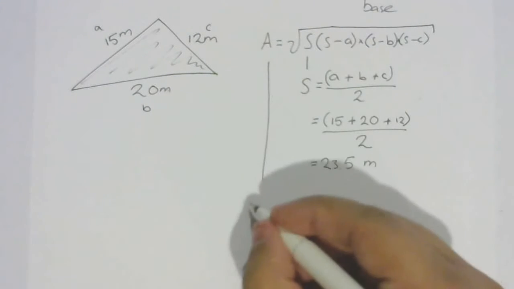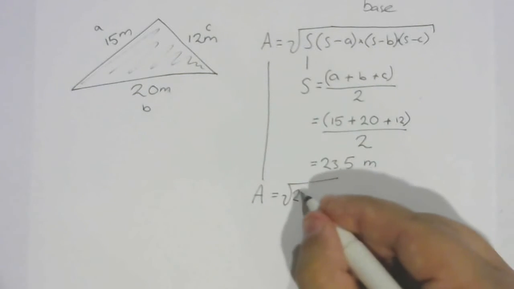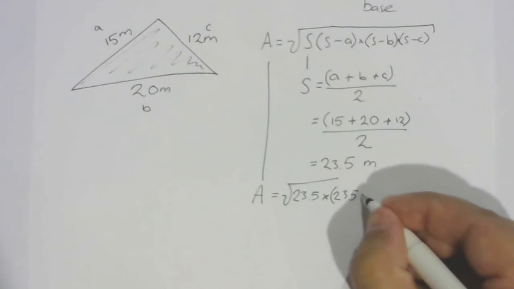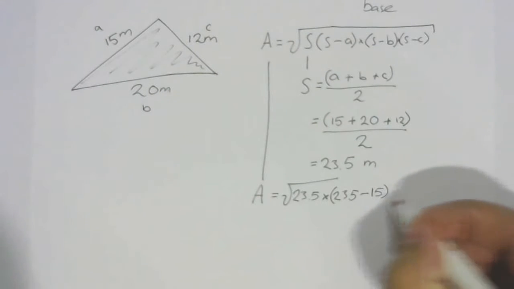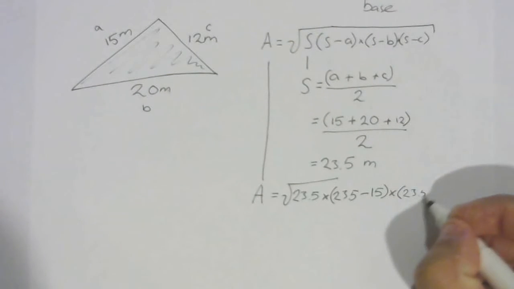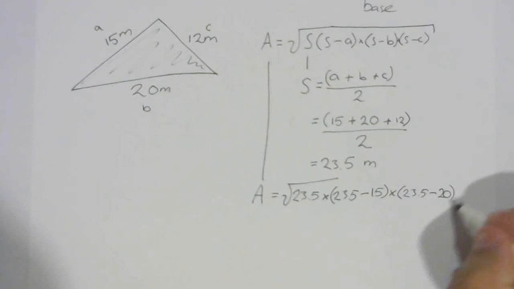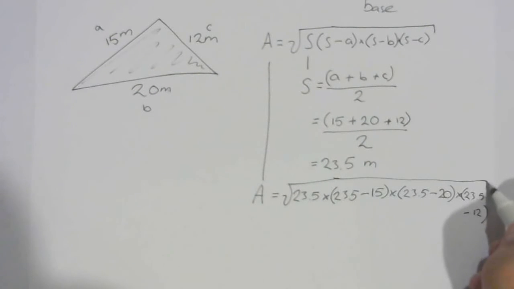So if I bring this rule down, area equals the square root of 23.5, which is S, times 23.5 minus side A, which we labeled as 15, times 23.5 minus side B, which we labeled as 20, times 23.5, I'm running out of space, minus 12. Sorry for running out of space there. Square root of all of that.